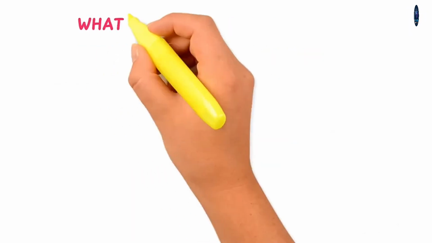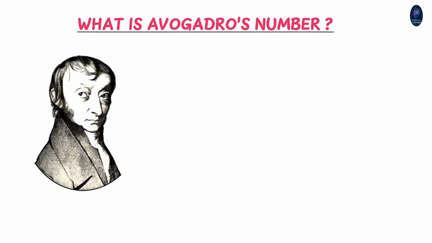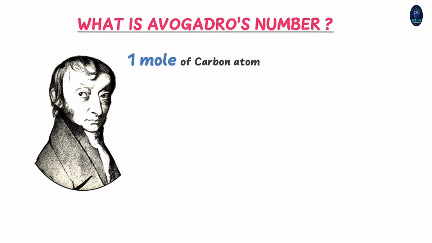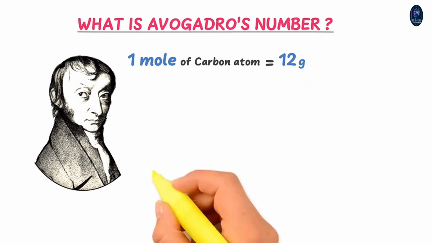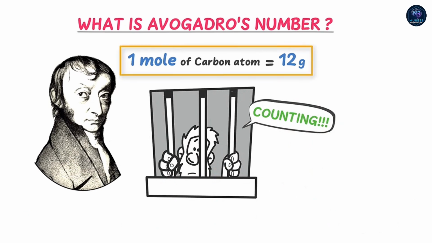Finally, what is Avogadro's number? Well, I usually teach this concept of Avogadro's number in a story format. Mr. Avogadro took 1 mole of carbon atoms, and we know that it is equal to 12 grams. He locked himself in a room and started counting the number of carbon atoms present in 1 mole of carbon, or in 12 grams of carbon.